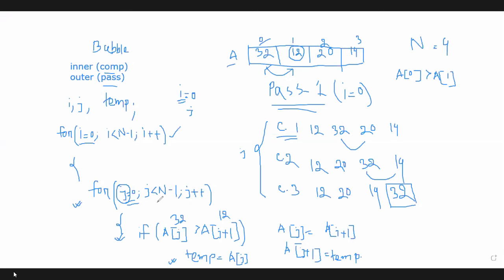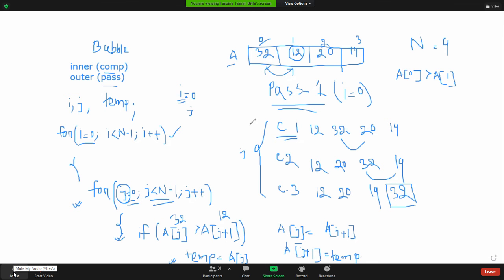So how many comparisons can we have inside one pass? N minus 1 comparisons. When i equals 0, that is our first pass, and j runs from 0 to n minus 1. So this is comparison number 1, when j equals 0.